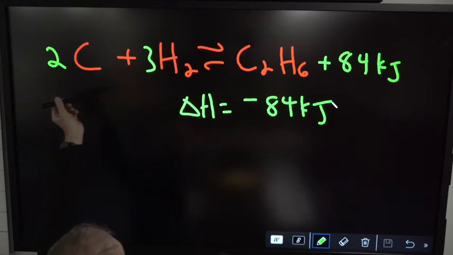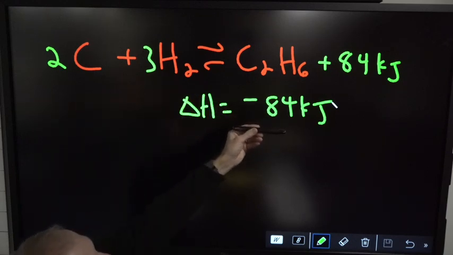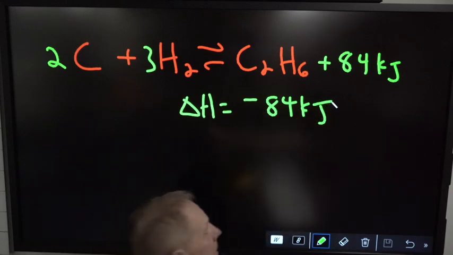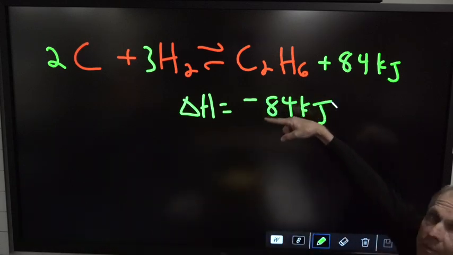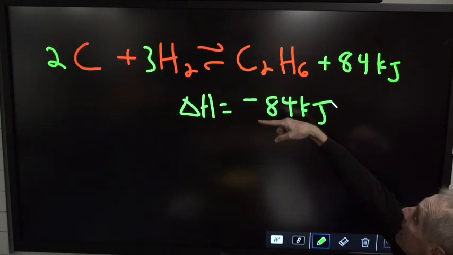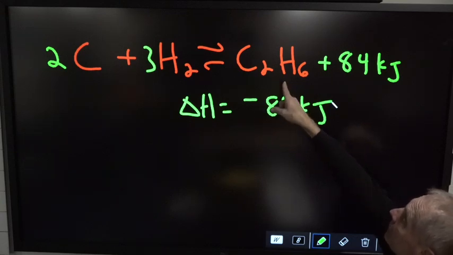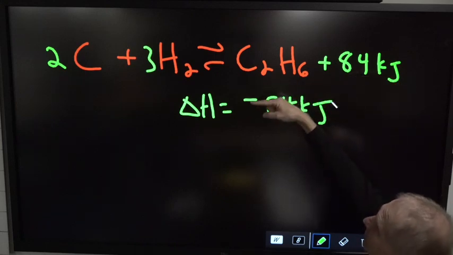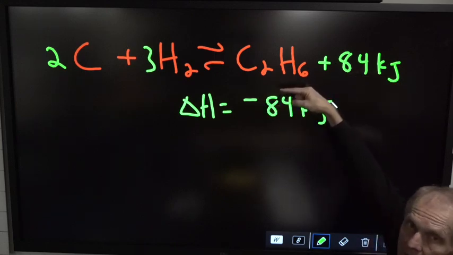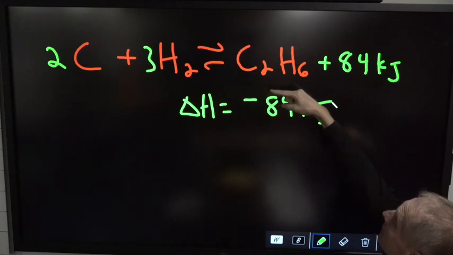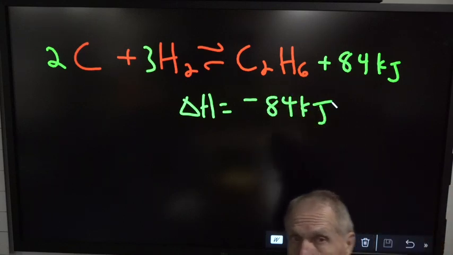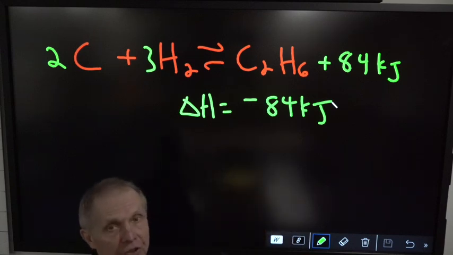So going this way, it's synthesis, and it's a negative delta H because energy's there. But going the opposite way, that would be decomposition, and what that means is this is the reactant, there's the energy, this is decomposition, and this would be endothermic. So going this way, the delta H would be a positive. Okay? Hope you understand these equations and endothermic reactions.